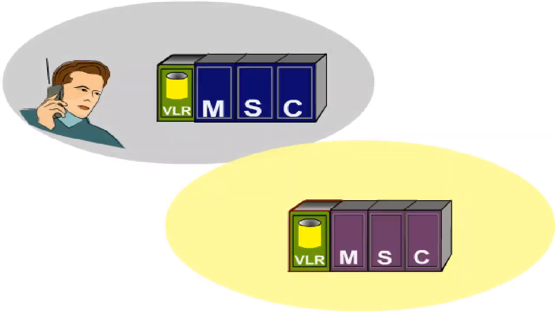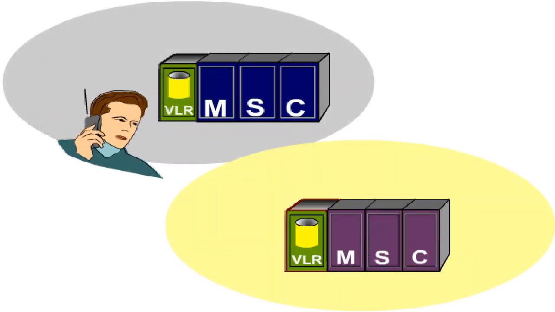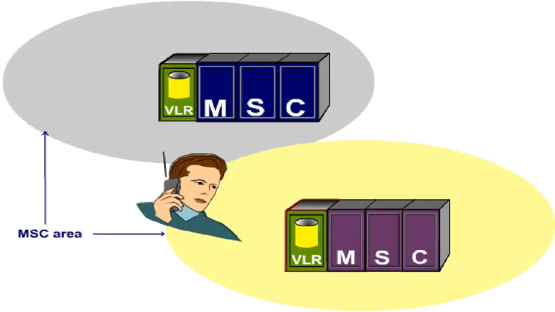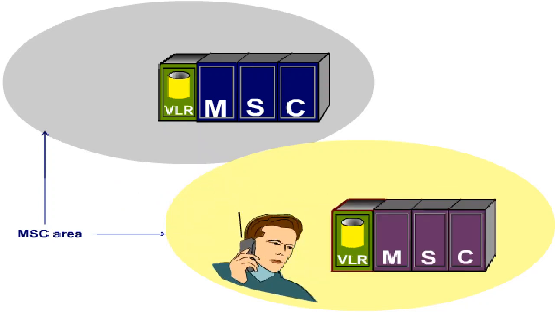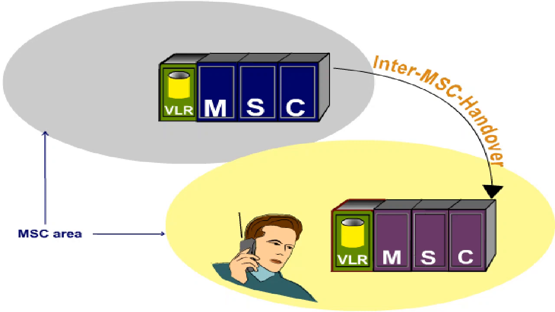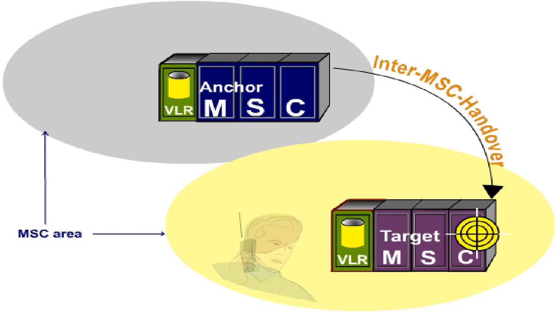If a mobile subscriber, while making a call, moves from one MSC area to another that's covered by a different VLR MSC, an inter-MSC handover is required. That is, the transfer of the call from a currently serving MSC, or the anchor MSC, to the new MSC, the target MSC. The anchor MSC stays responsible for all call control activities, so it has to know where to route the call.